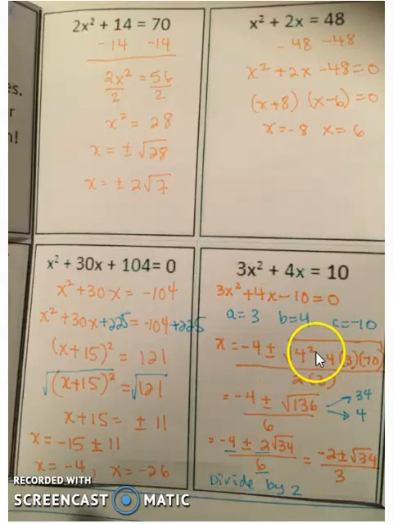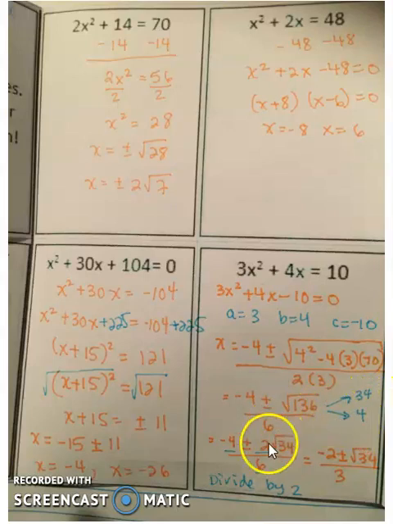4 times 4 is 16. 4 times 3 is 12. Times negative 10 is negative 120. When you subtract negative 120 from 16, you'll have to add, technically, to get 136. 136 is not a perfect square, so you will have to see if there is a perfect square inside of it, which in this case is 4. 4 times 34 is 136.